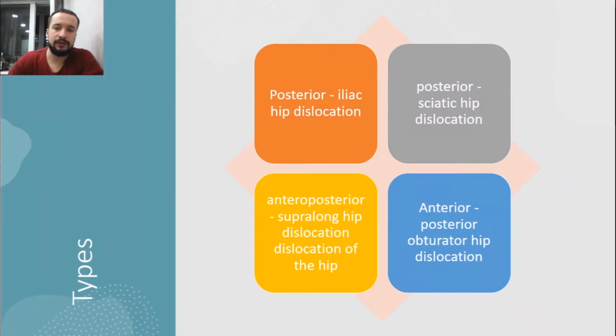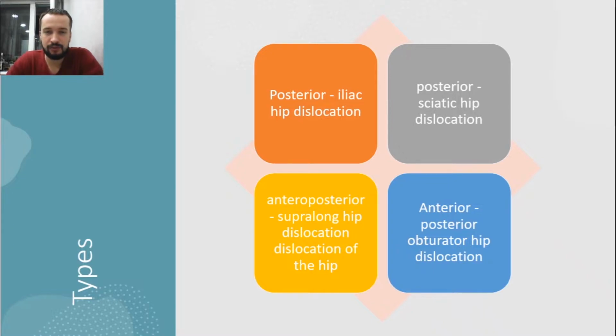We divide dislocations of the hip into 4 main types: posterior upper iliac hip dislocation, posterior lower sciatic hip dislocation, anterior supralateral hip dislocation.